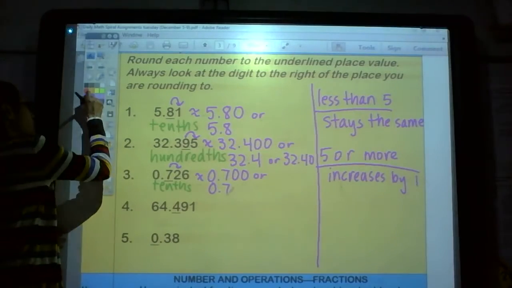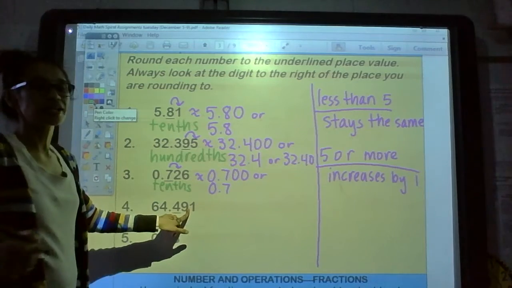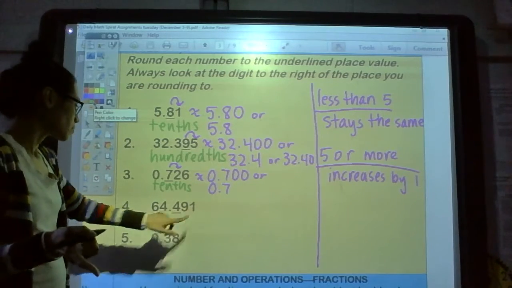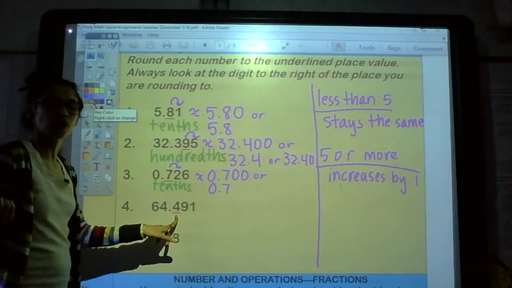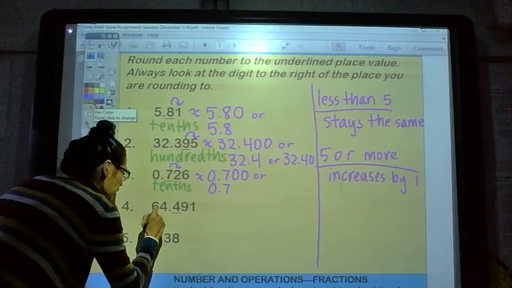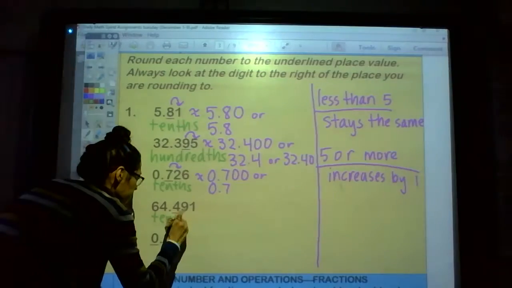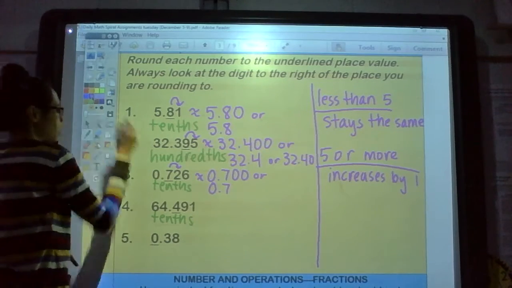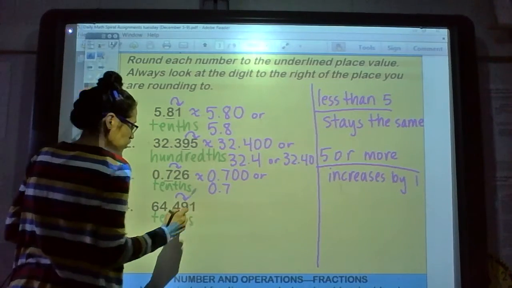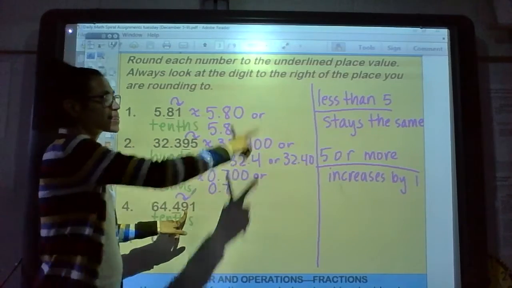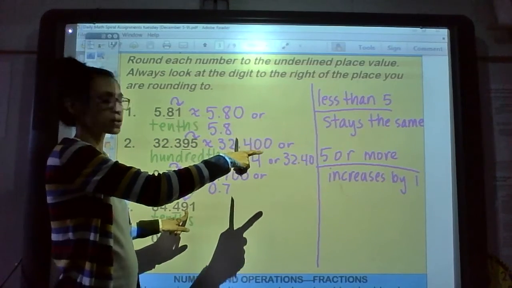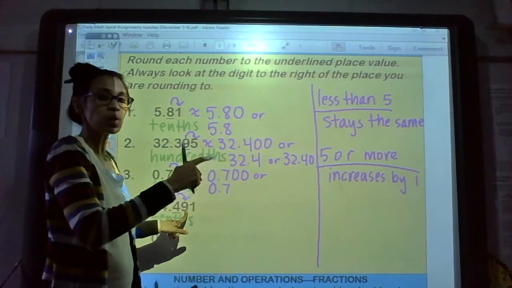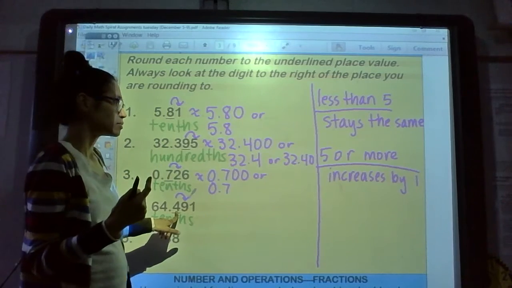It says 64 and 491 thousandths. We're rounding to that 4, which is in what place? The tenths place. Look to the right. Hello, number 9. Is that 9 less than 5 or 5 or more? It's 5 or more, so what happens to this 4?